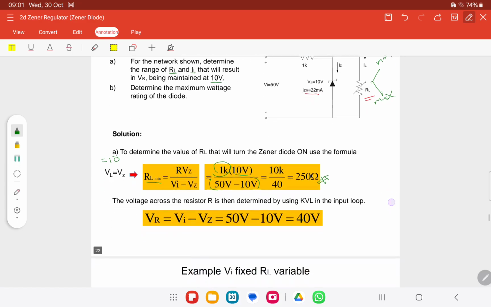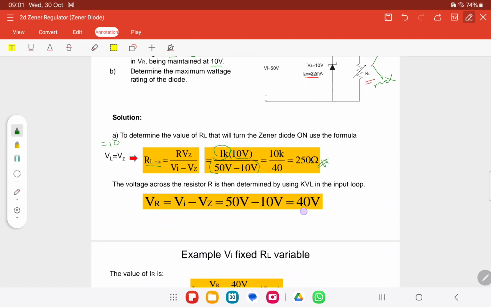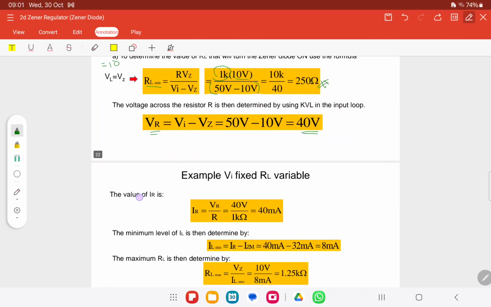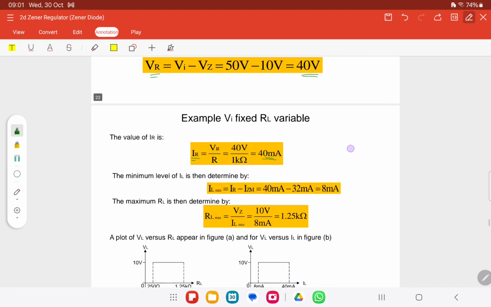So dia mesti ada min and max. Okay, so now this is VR. Sebenarnya ni tak perlu kira as formula pun because this one is basic knowledge for you kan. The voltage across the resistor. Why? Because we want to get the current at the resistor. Okay, so we have this value for the current at the resistor.